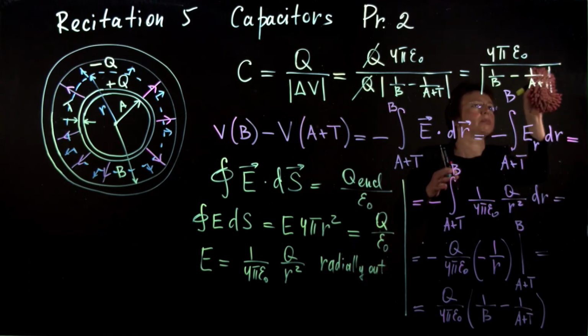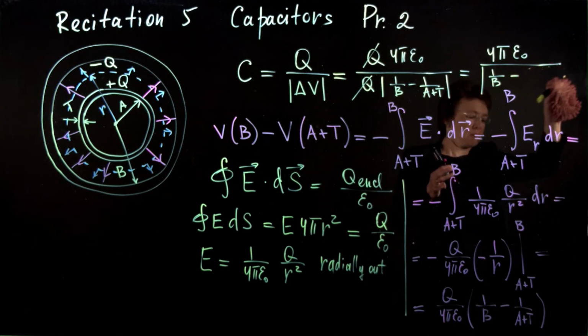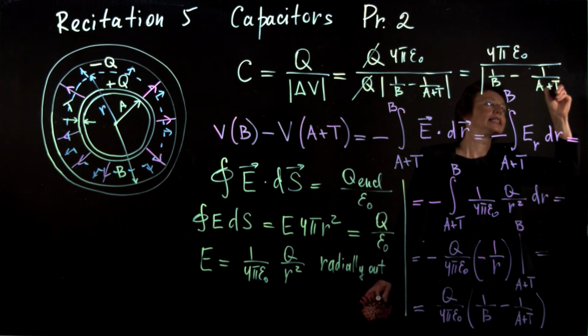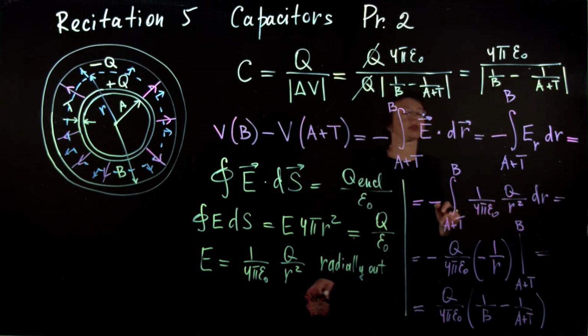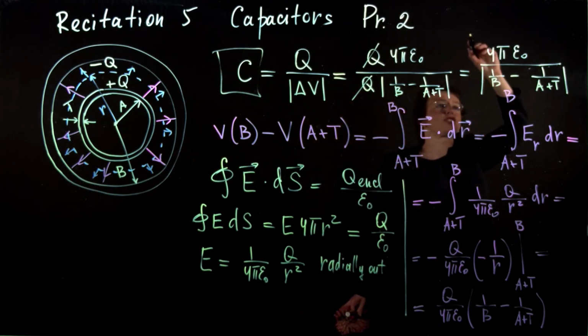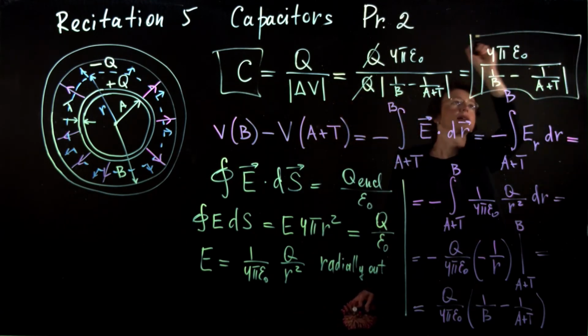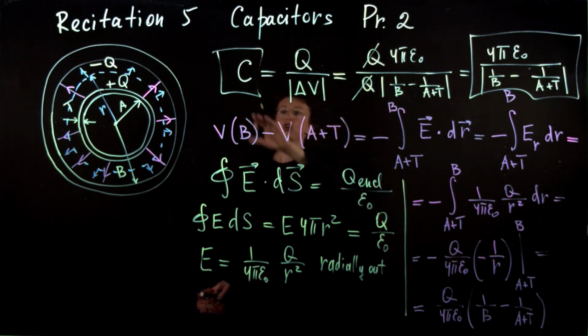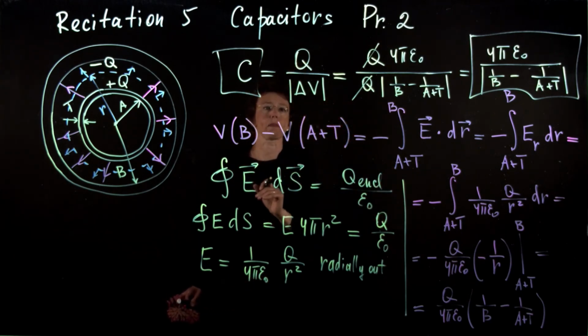Let me write it a little bit better. Here, minus 1 over A plus T, absolute value. So we found the capacitance for a spherical capacitor. It is right here. And we followed the same steps. We wrote the definition of the capacitance.